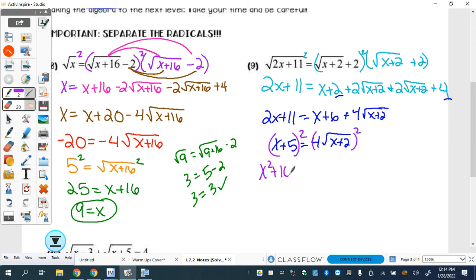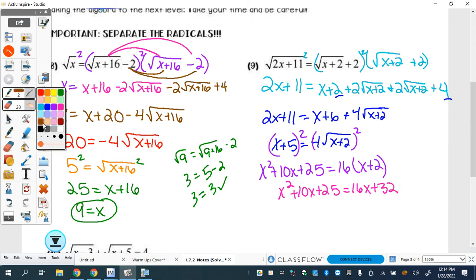So x squared plus 10x plus 25 equals 16. So remember, you got to square the 4, so 4 squared 16 times x plus 2. Plus 32. Distribute that 16. Now we'll get our 16x and our 32 over to the other side of the equal sign.